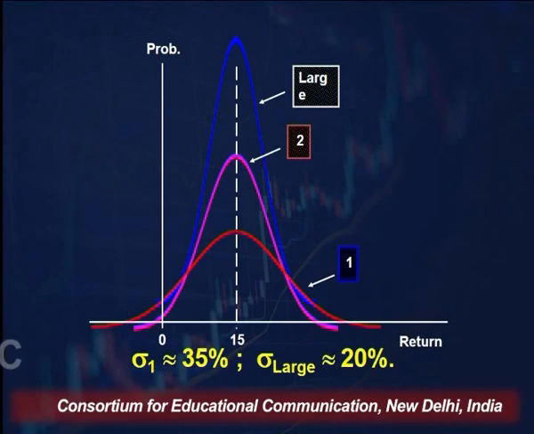That means by adding more and more stocks, we've tried to reduce the risk from 35% to 20%. When we were investing in just one stock portfolio, it was 35. When we invested in two stocks, the risk reduced a little, but when we have a large quantum of stocks in our portfolio, our risk actually came down to 20%.